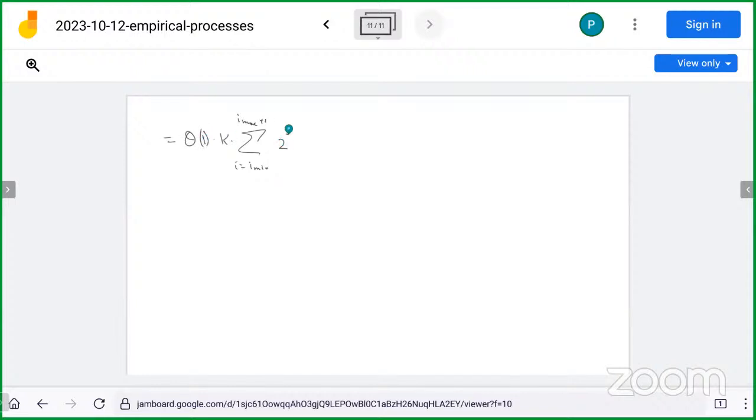So 2 to the power minus I plus 1 root log of... And that is anyway less than, if I can put t here, right?